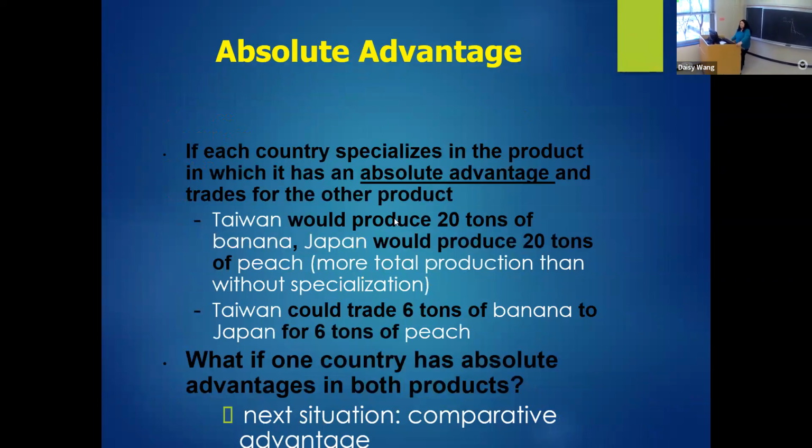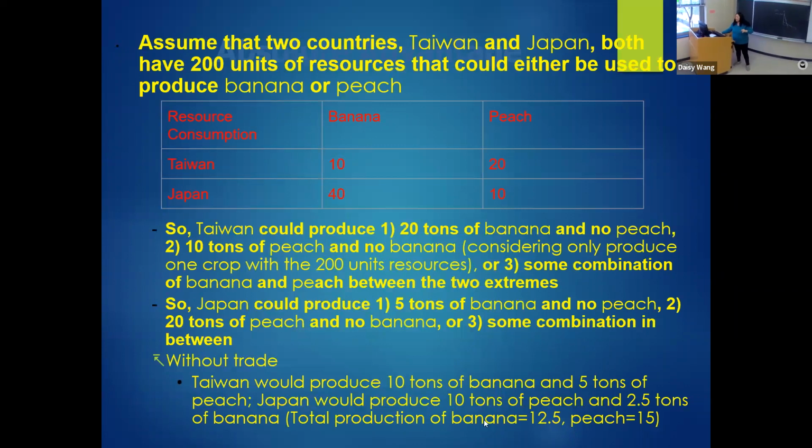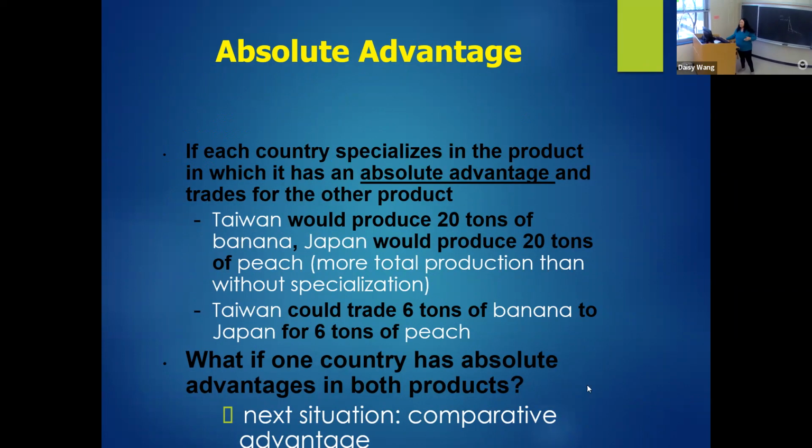So they could produce this much banana or peach, but without trade, that's what we have, 12.5 versus 15, right? But if we can trade, Taiwan will focus on just doing what they are best at, which is banana. Japan focuses on peach.